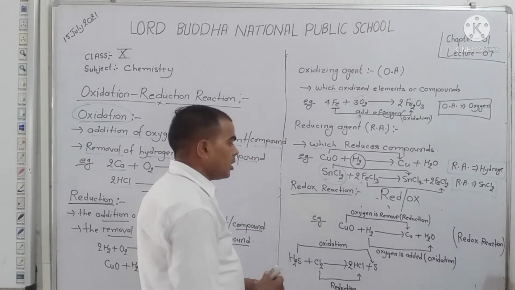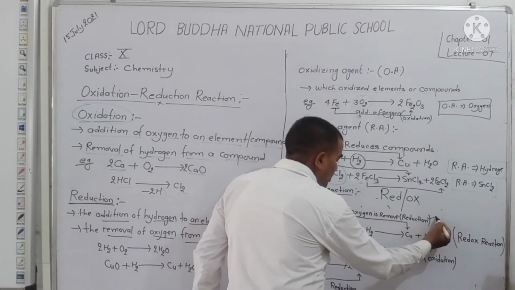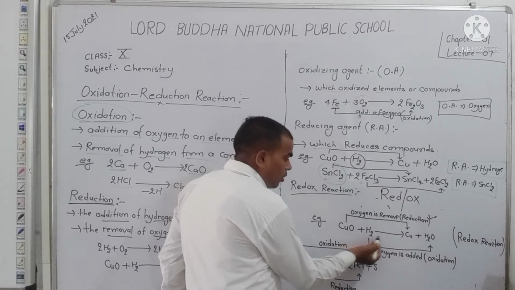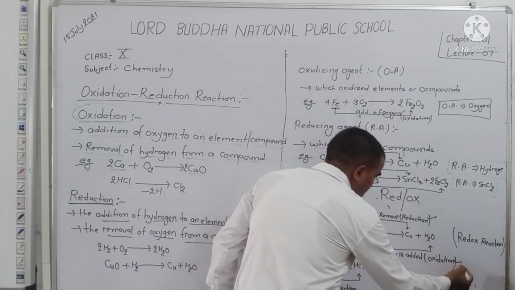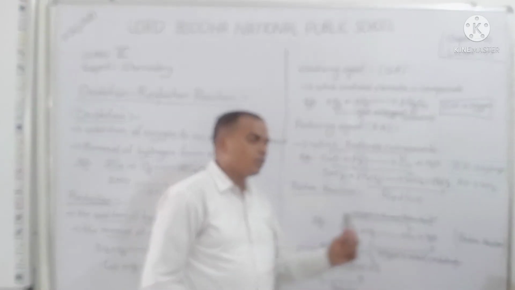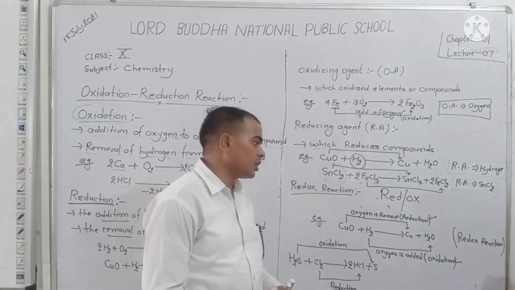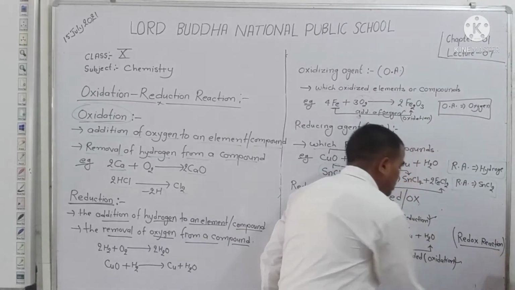You know that the removal of oxygen is reduction, whereas addition of oxygen is oxidation. In this reaction, oxidation and reduction both take place. So this reaction is known as a redox reaction.